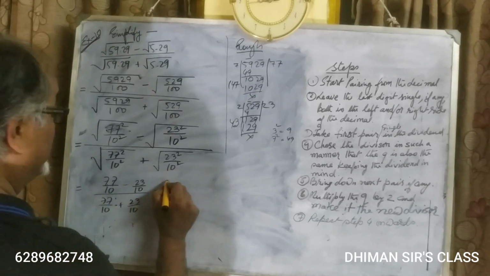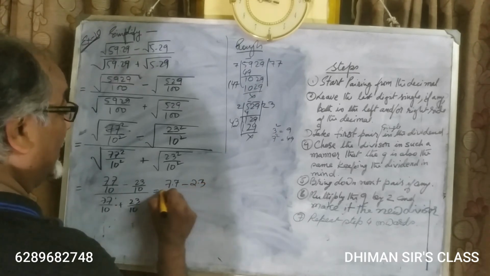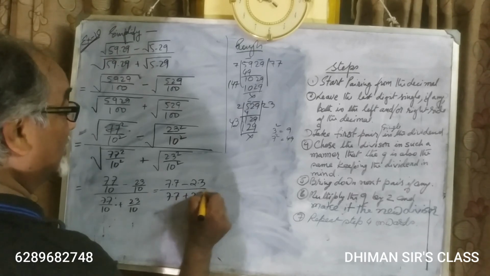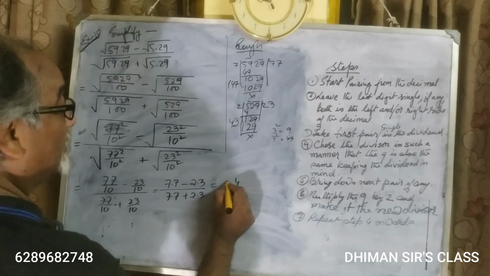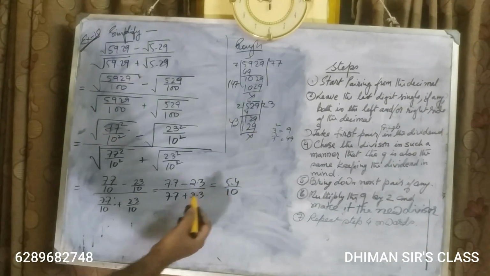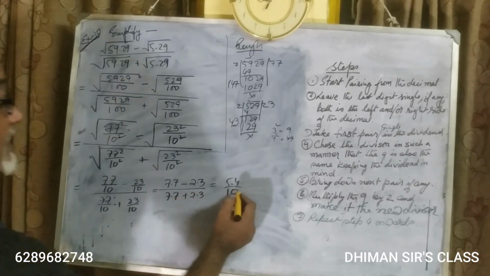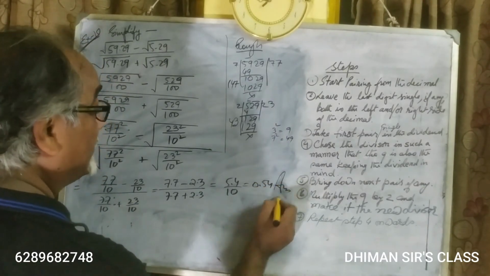So equals to 7.7 minus 2.3 by 7.7 plus 2.3 is equal to 5.4 by 10. Yes or no? 3 plus 7, 10, carry 1. 3 plus 7, 10 is equal to 0.54 is the answer.